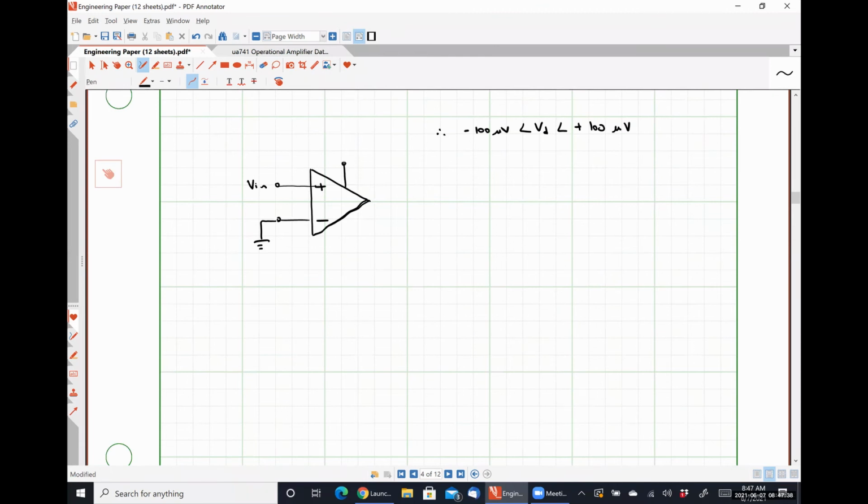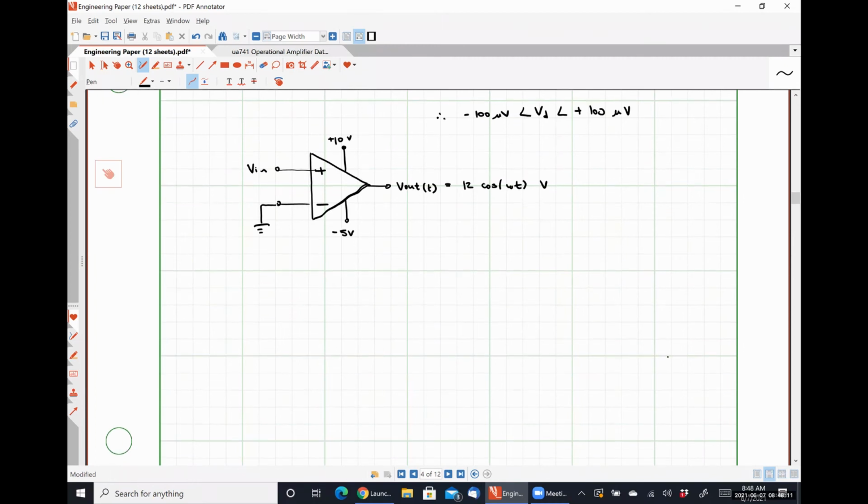Let's put this voltage to be positive 10 volts, so VCC plus to be positive 10, VCC minus to be negative 5 volts, and the Vout as a function of time we know will be 12 cosine omega t volts. Okay.